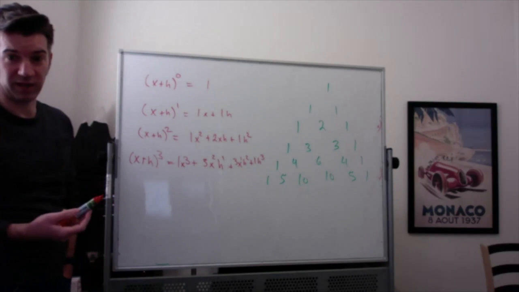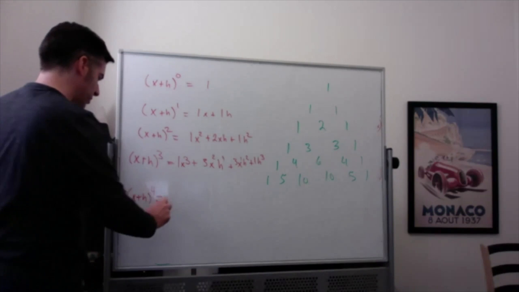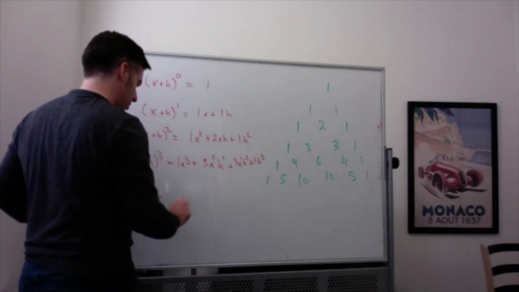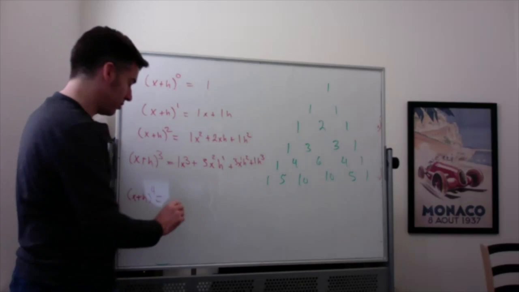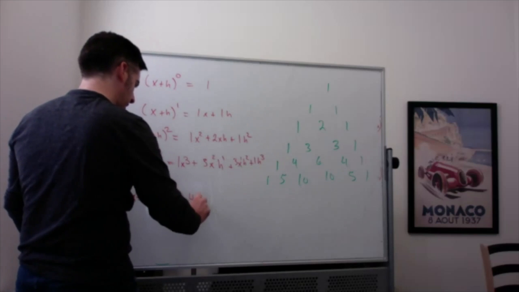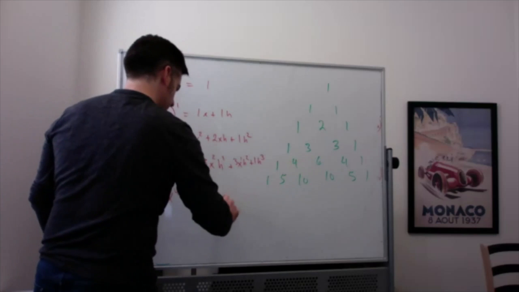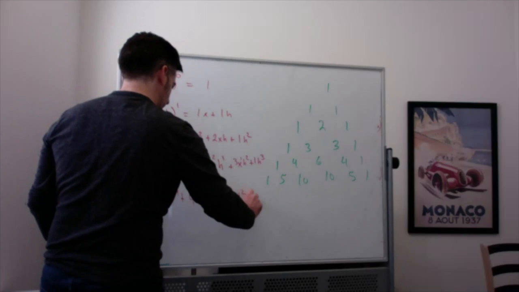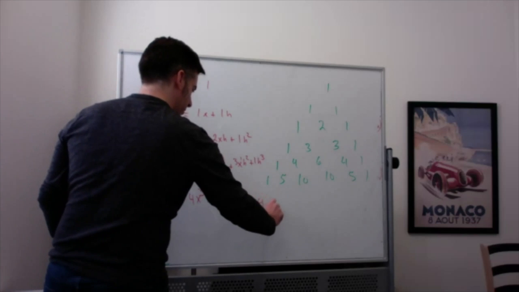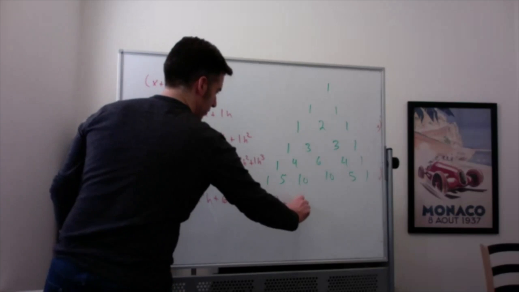And we can do the same thing for x plus h to the 4th. x plus h to the 4th would be 1x to the 4th, or just x to the 4th, plus 4x to the 3rd h to the 1st, plus 6x to the 2nd h to the 2nd, plus 4x to the 1st h cubed, plus 1h to the 4th.